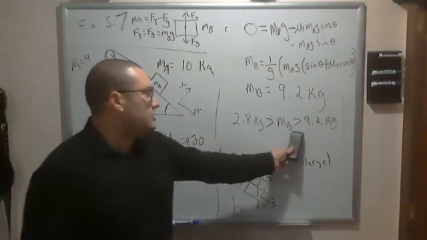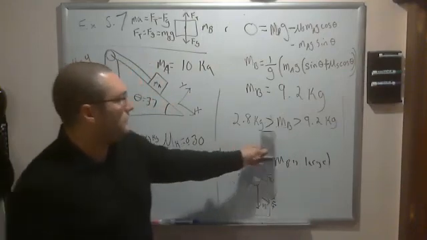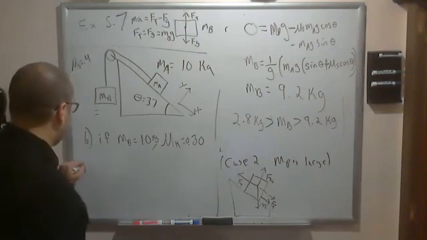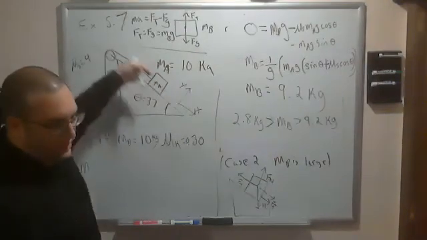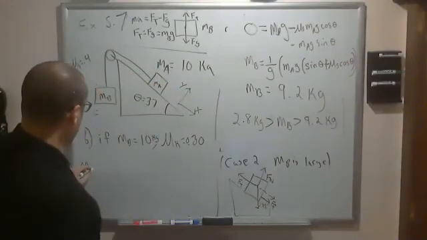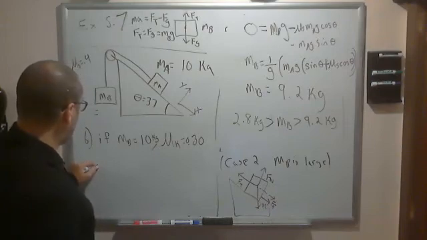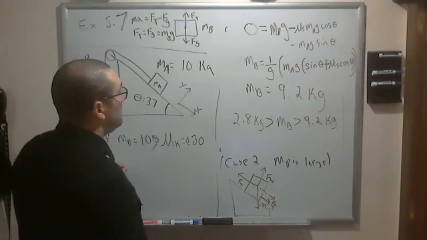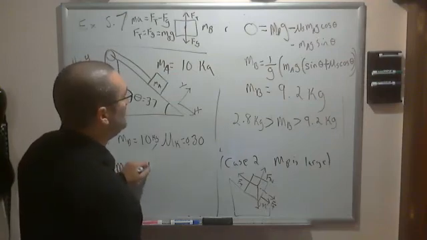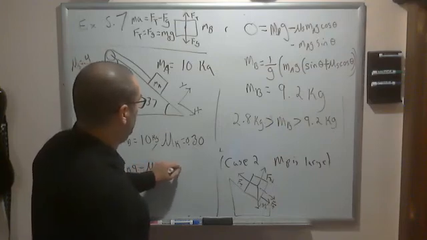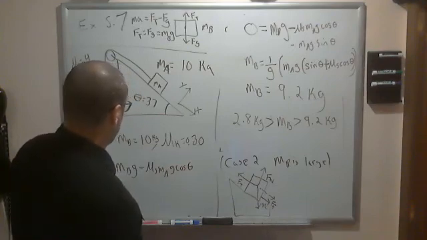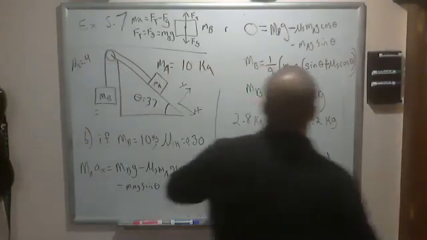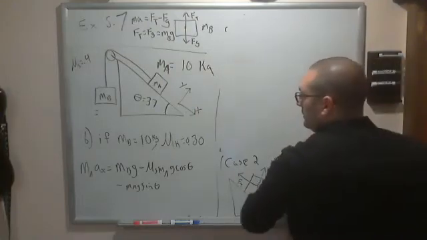This is where MB is larger than the static case, so that means we're dealing with case 2, right? Now it's asking for the acceleration. So let's write down the force equation in the x direction, right? And then we'll just write it down. And then we just solve for the acceleration.